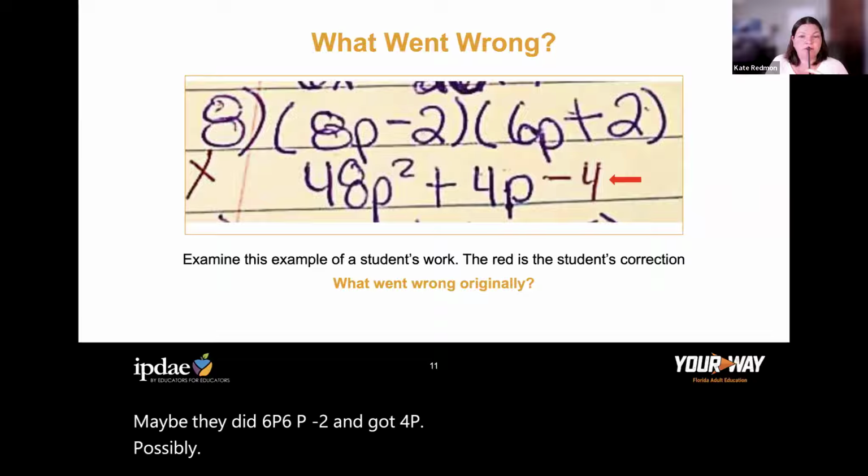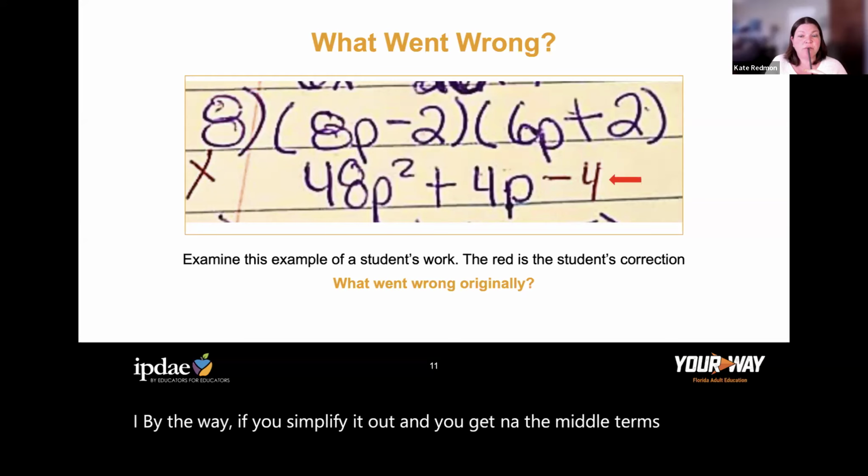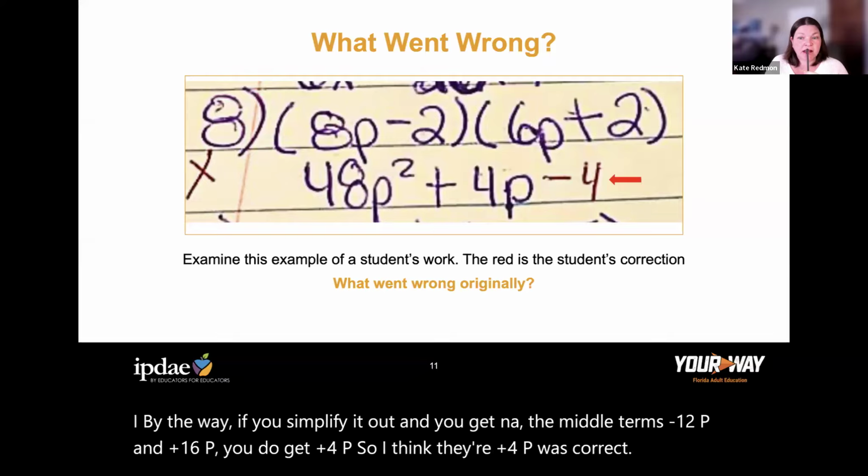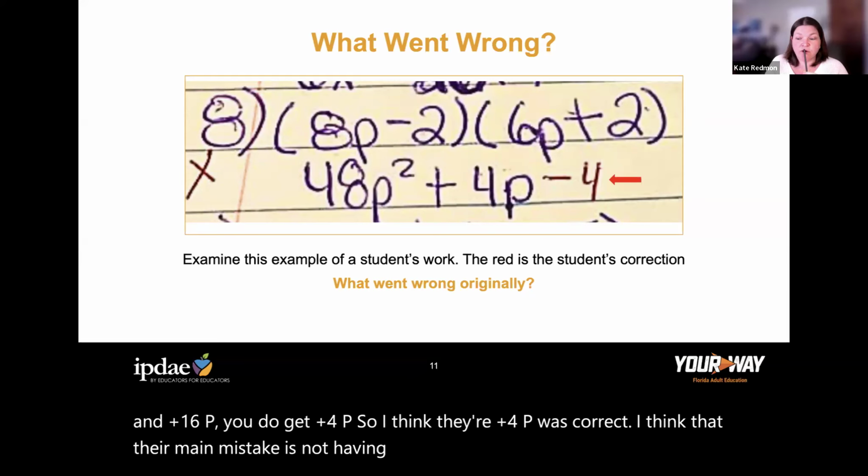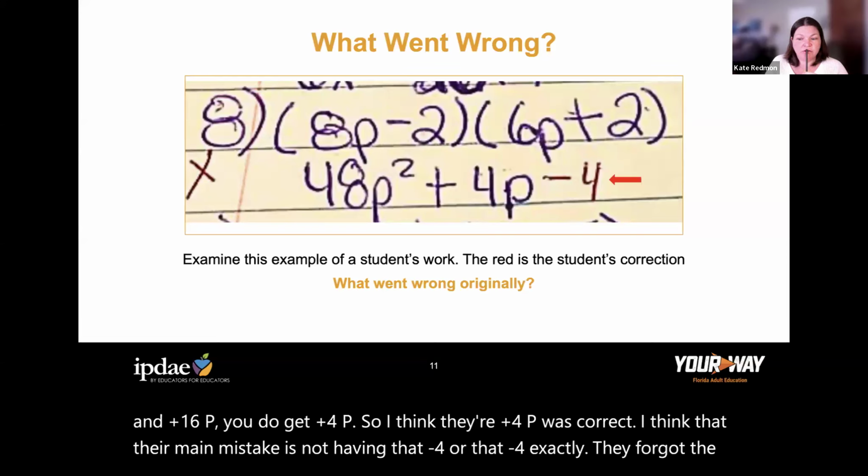By the way, if you simplify it out, and you get the middle terms -12p and +16p, you do get +4p. So I think their +4p was correct. I think that their main mistake is not having that -4 or that -4. Exactly. They forgot the last portion, -2 times 2, Christopher.